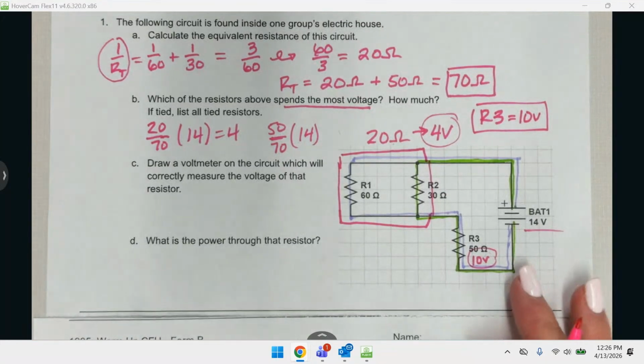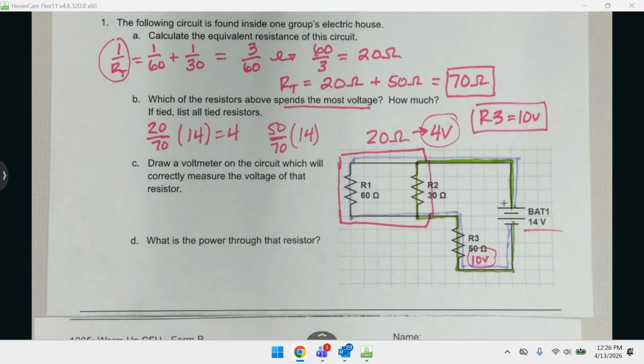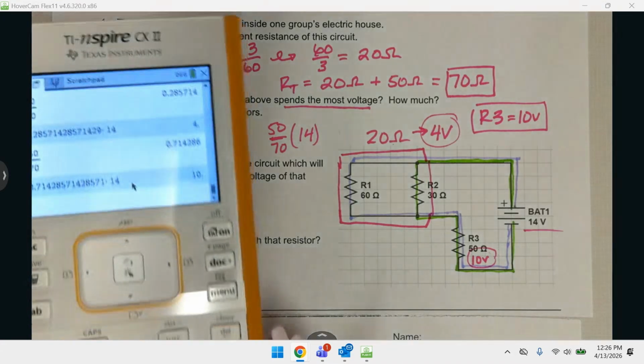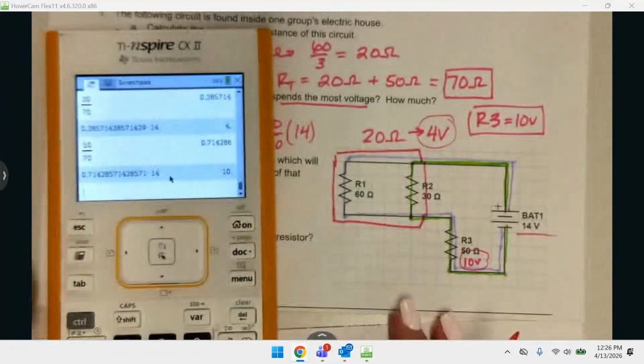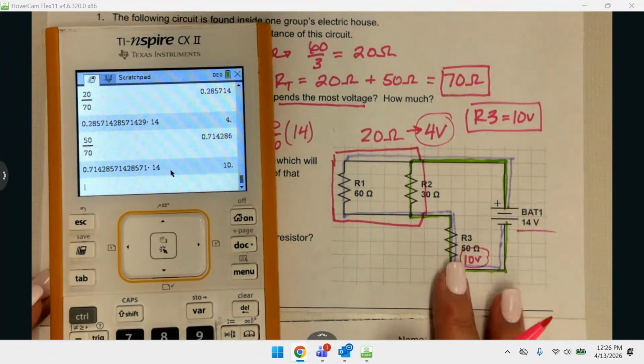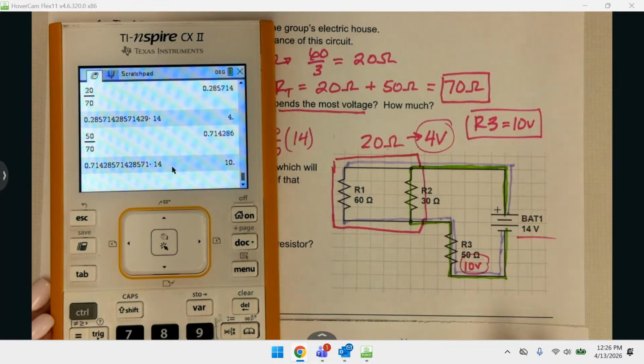Again, your other option is to figure out the total current in the circuit. So let's talk about how we would do it that way. We're going to get the same answer, but I just want to show you in case you feel more comfortable with that, or if you're filling in the table, then this would be part of that process of filling that in. So again, the total current in any circuit is going to be found by Ohm's law, V equals I times R. The total voltage in any circuit is the battery.